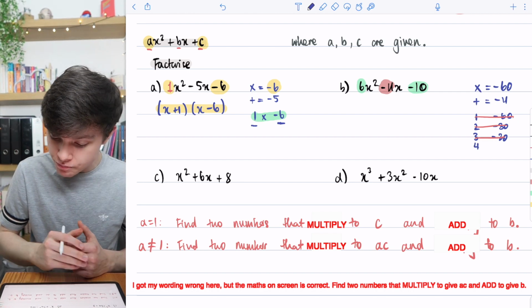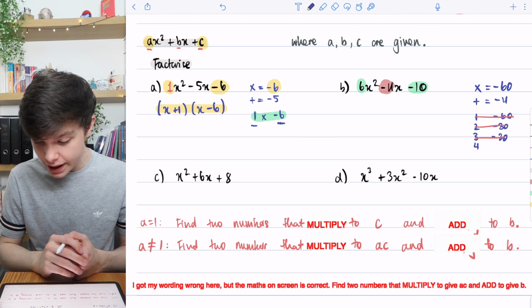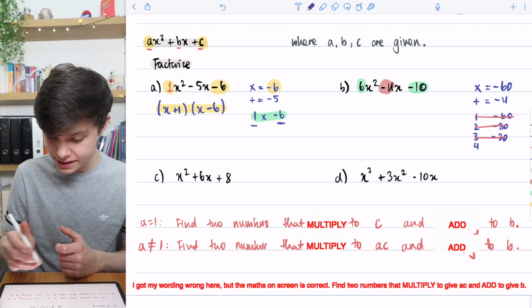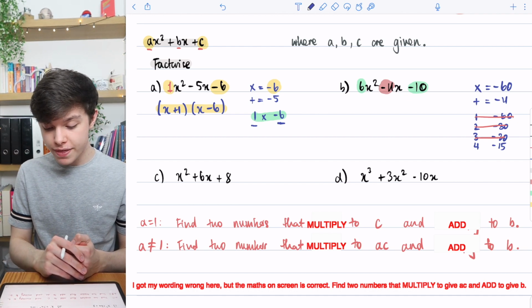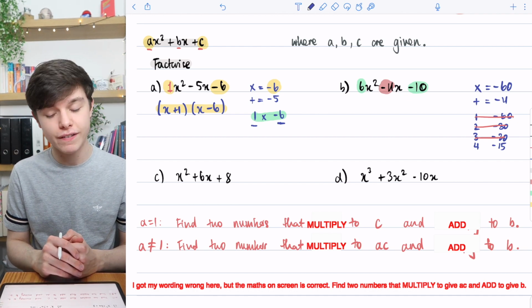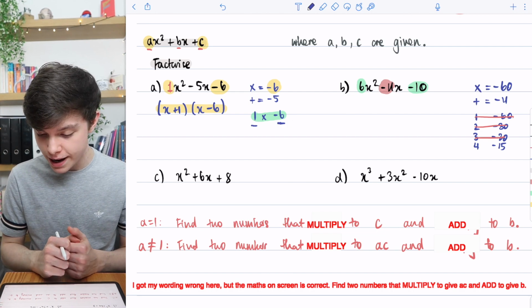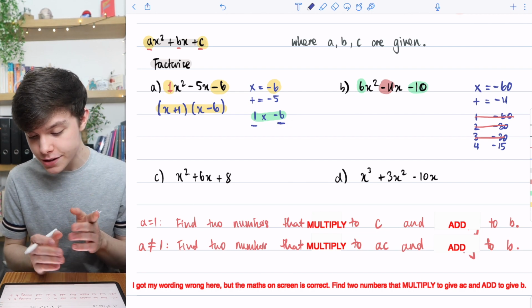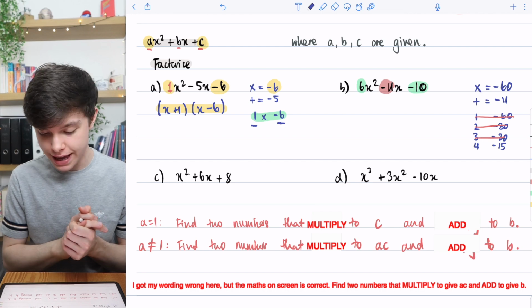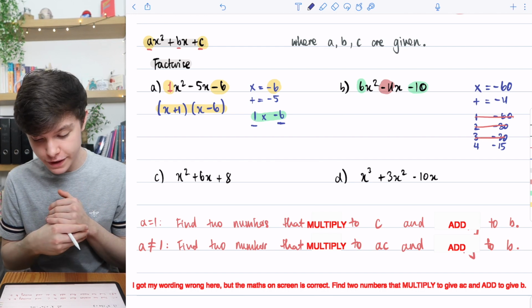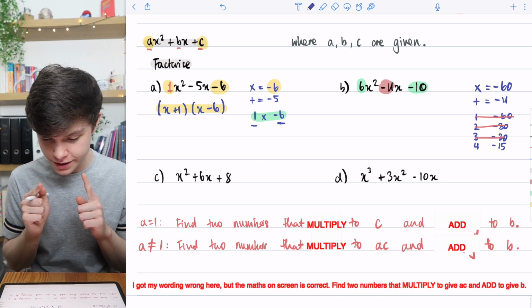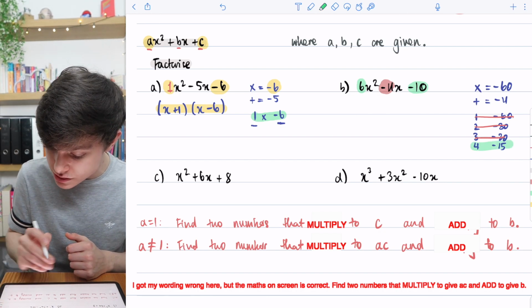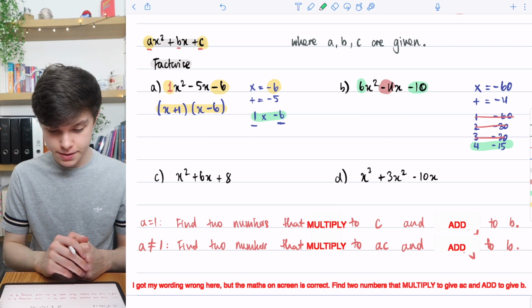Let's try 4. 4 times what gives me minus 60? It's minus 15. Now I'm going to stop there because 4 times minus 15 does give me minus 60. And when we add those two together, 4 minus 15 does give me minus 11. So that's perfect. I'm going to use those pairs of numbers.